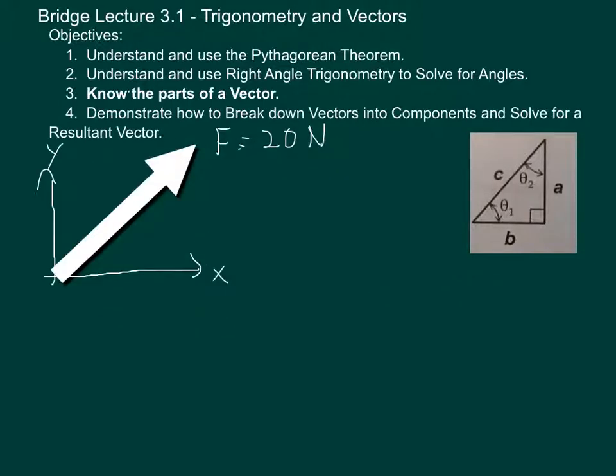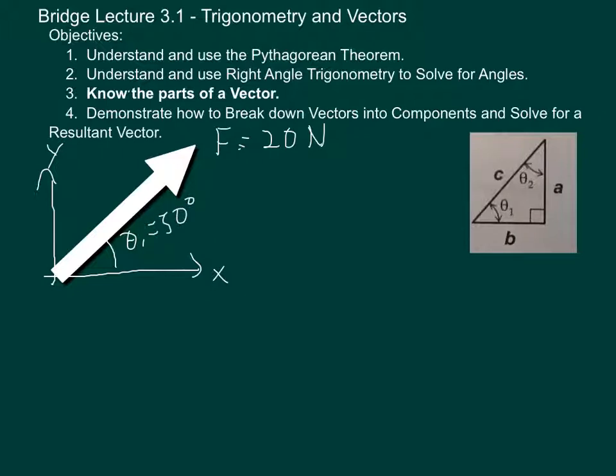Okay, time for an example. You have a vector with a force of 20 newtons. So you have a magnitude of 20 newtons, and then the direction is, I'm going to give you, 50 degrees. So right here, theta sub 1 equals 50 degrees.